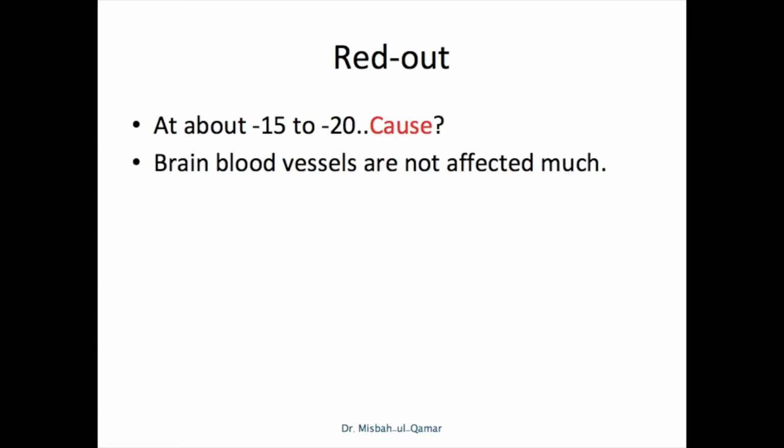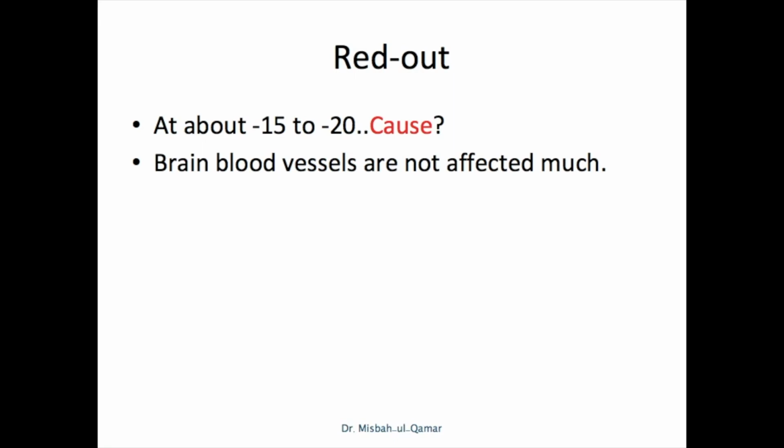Now the red out is the blurring of vision and sudden reddening of the visual field caused by the engorgement of the blood vessels in the head. What happens is that when the negative G reaches about -15 to -20, there is dilatation and congestion of the blood vessels in the head and eyes, resulting in red out and headache.